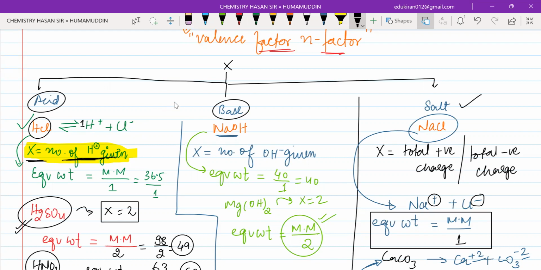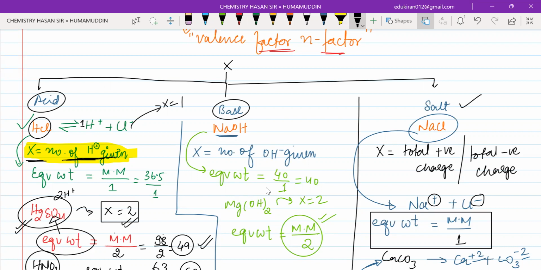H2SO4 will give 2H+, that's why its value of X is equal to 2. And equivalent weight of H2SO4 will be equal to molar mass upon 2, because X will be equal to 2, and 98 upon 2. So the equivalent weight of H2SO4 will be equal to 49. Is that clear?